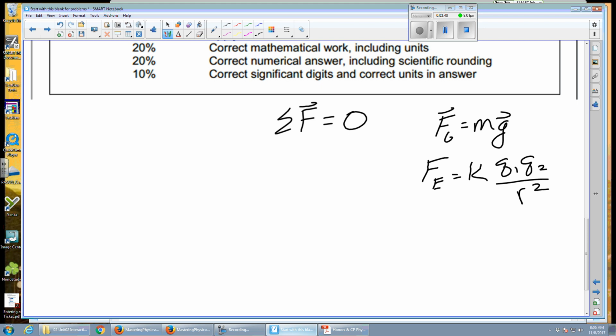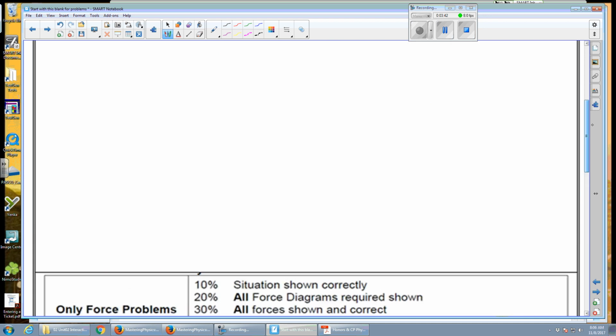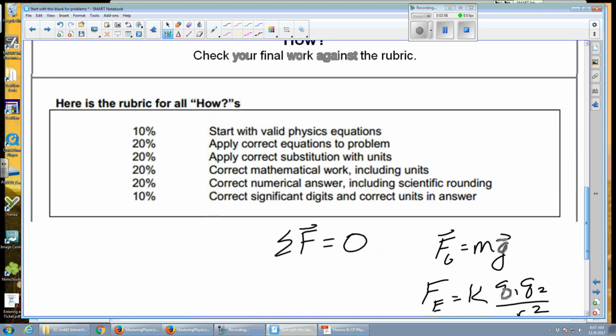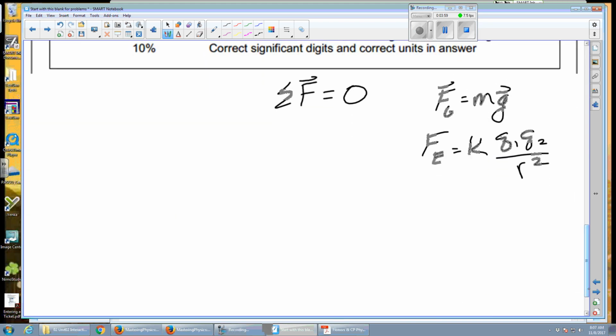Oh, I didn't put R in my diagram anywhere, did I? That would be R, the distance between them. All right. Remember, if it would help anyone, I can broadcast out to the sides.